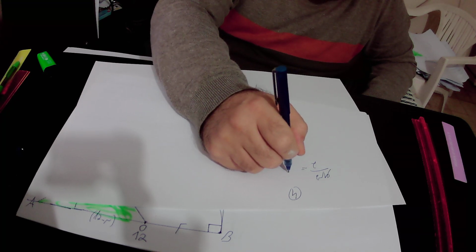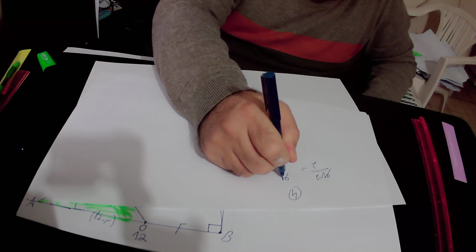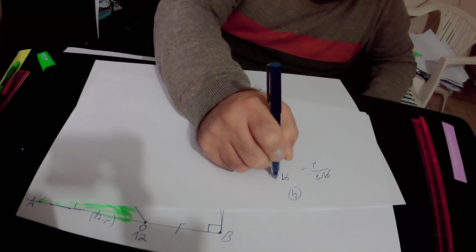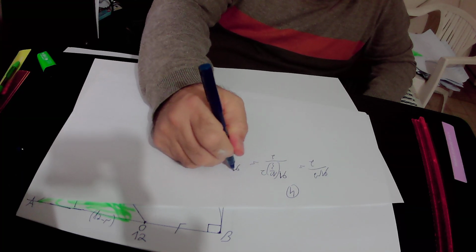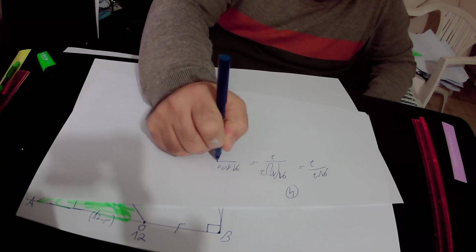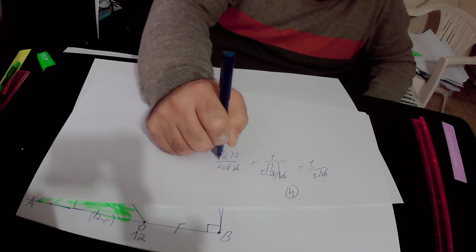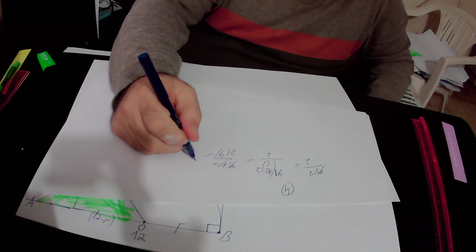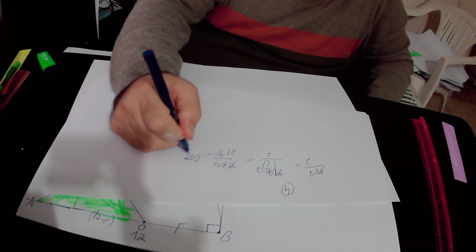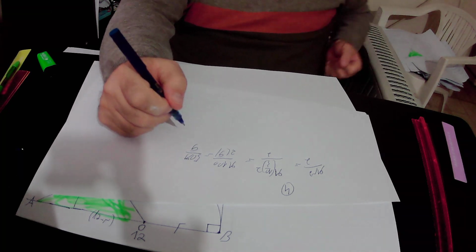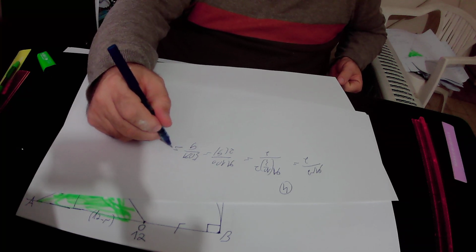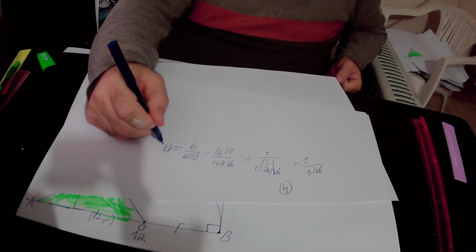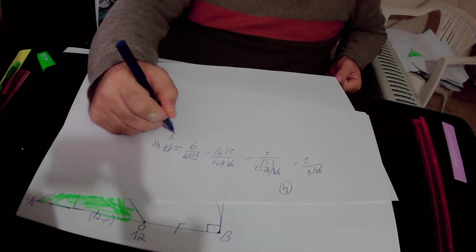R is 10 over 3, so pi times 10 over 3 squared, all divided by 2. 10 over 3 squared is 100 over 9, all divided by 2. And 100 over 2 is 50. So in conclusion, we found out that the area of the semicircle equals 50 pi over 9 square units, or in terms of numbers, it equals 17.45 square units.